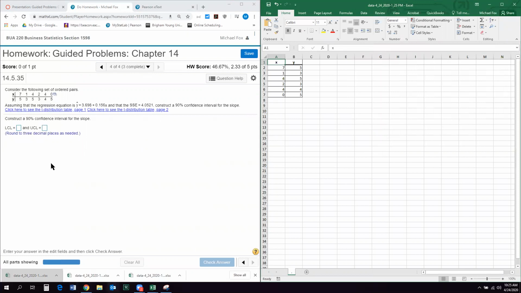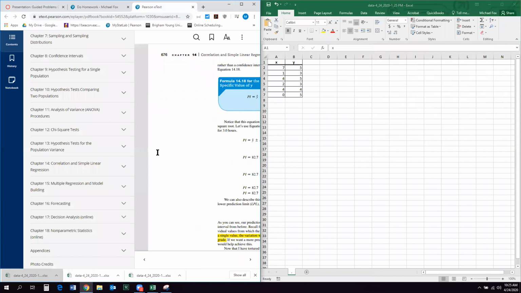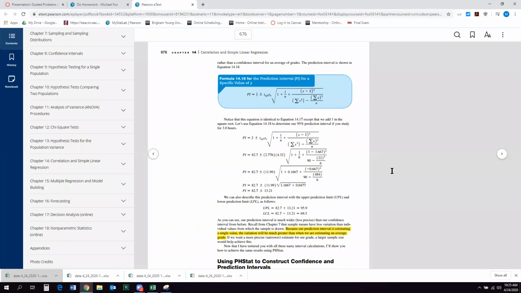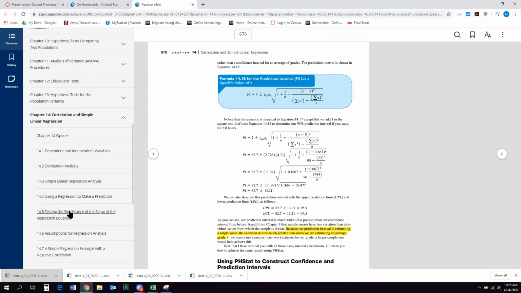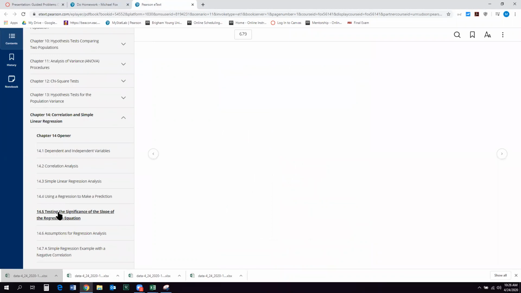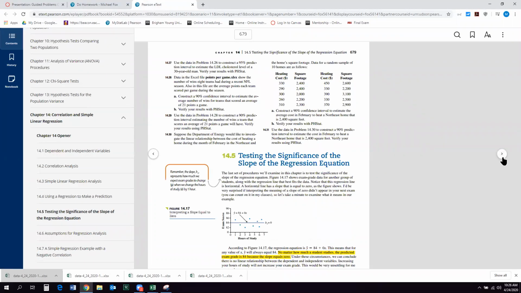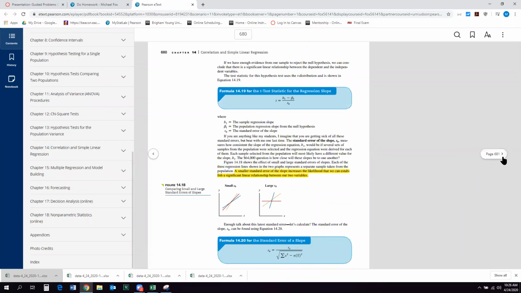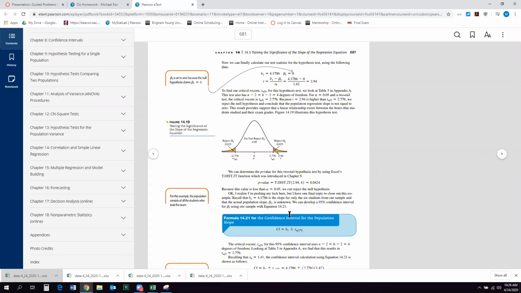Let's see. This is 9.14.5. Make sure we get the right formula, because that helps. Isn't that the one that we just used? No, because this is the confidence interval for the slope. There's a t-test statistic for the regression slope, a standard error of the slope, and a confidence interval for the population slope.